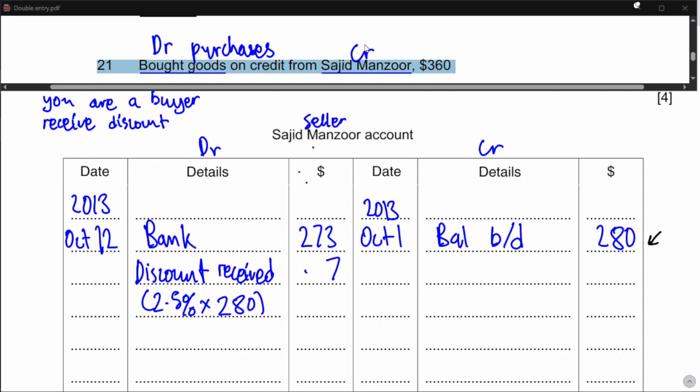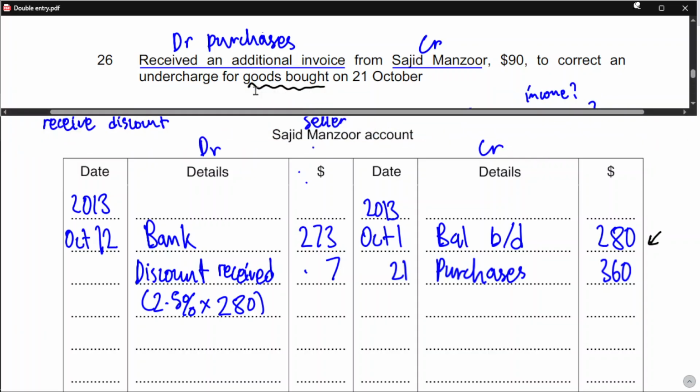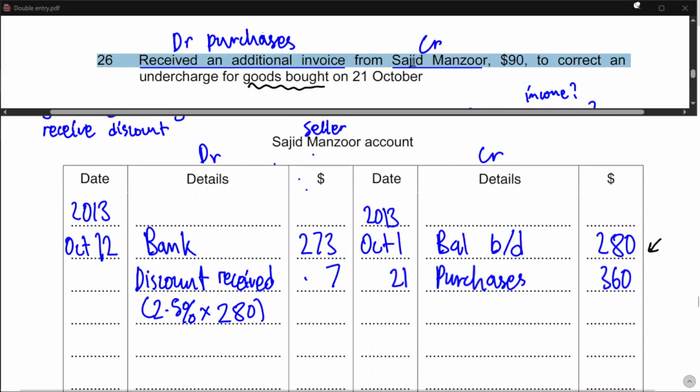Sajid credit purchases, 360. Next line, Sajid again.